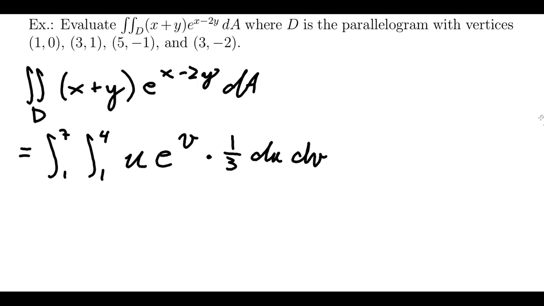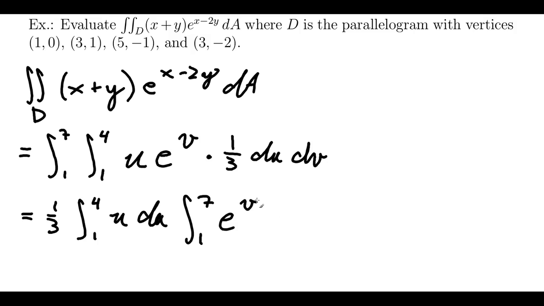And it is reasonably straightforward to finish evaluating that, right? We can pull the 1/3 out front. We see that this is separable. So we have the integral from 1 to 4 of u du times the integral from 1 to 7 of e to the v dv.